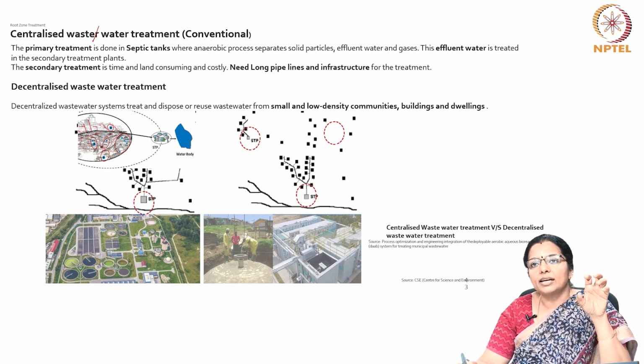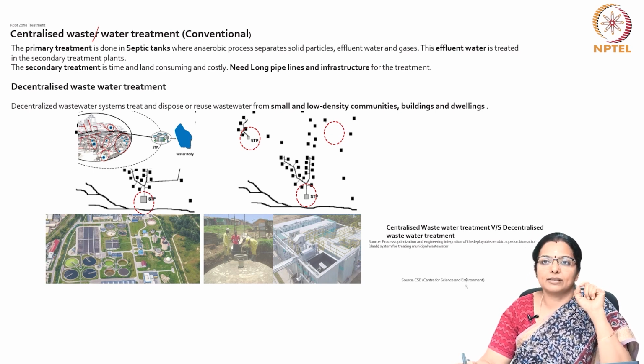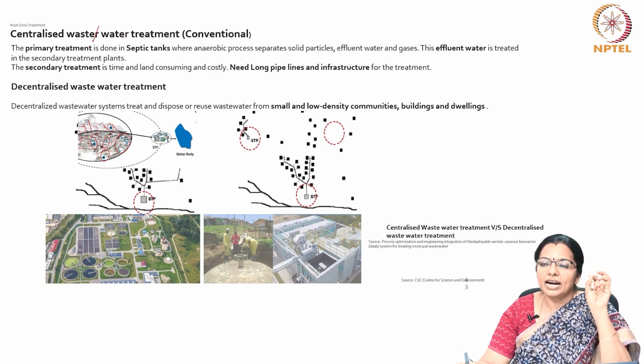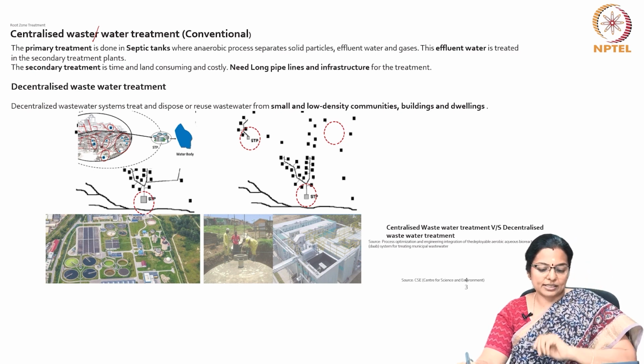The secondary treatment is time and land consuming and expensive. It needs long pipelines and infrastructure for the treatment. Decentralized wastewater treatment treats and disposes or sometimes reuses wastewater from small and low density communities and buildings and dwellings.